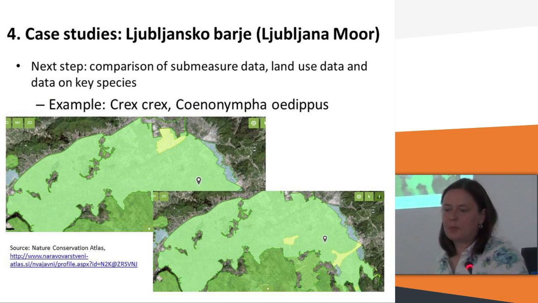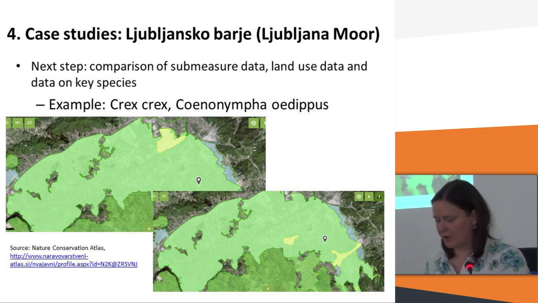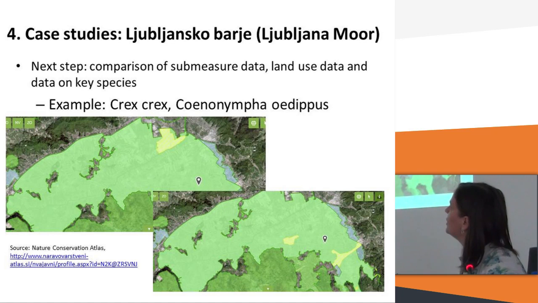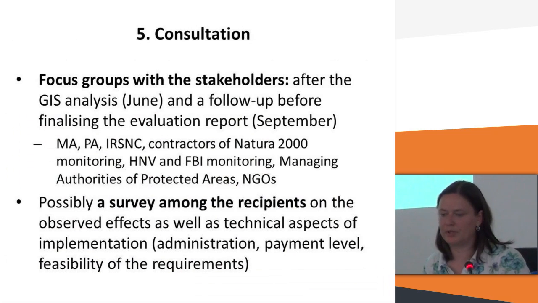And in the next step, we will compare these data from LPs and so on with more detailed data on distribution of species, like corncrake, highly endangered. This is its core area, but we saw that agri-environment measures are mostly implemented in other parts. So we'll try to see if there's any correlation.